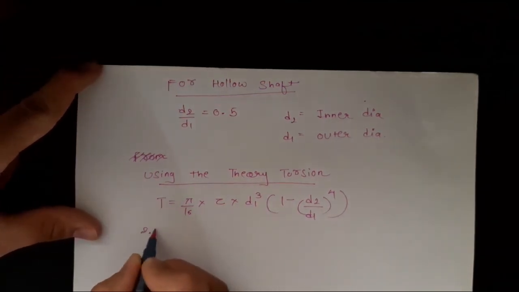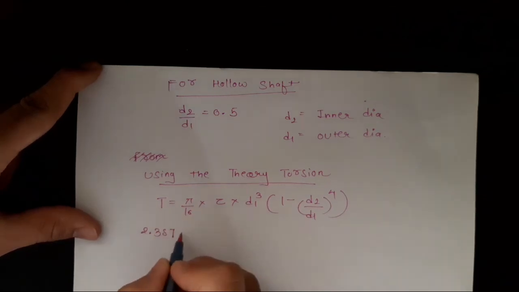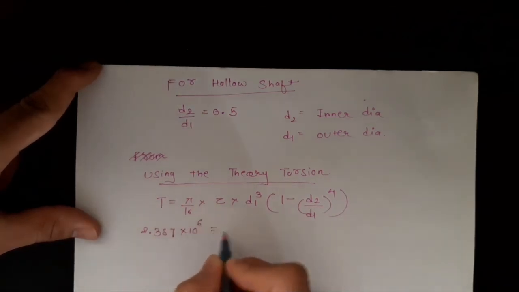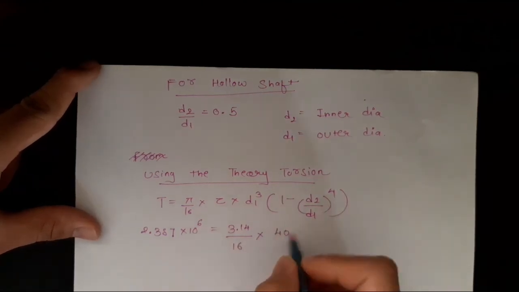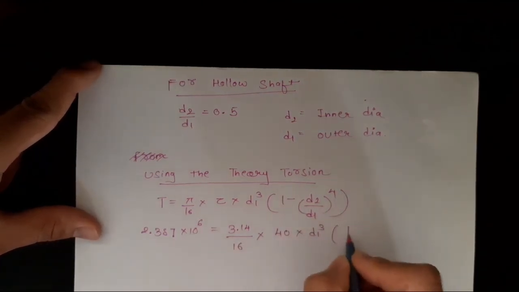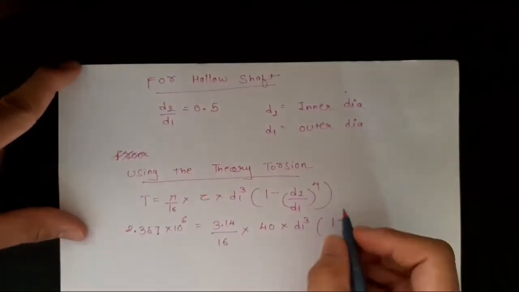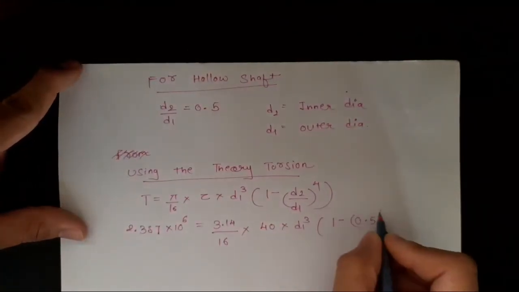What is the value of T? That is 2.387 into 10 raised to 6, which equals pi, 3.14, divided by 16, into tau, which is 40, into d1 cube into 1 minus d2 by d1, which is 0.5, so 0.5 the whole raised to 4.